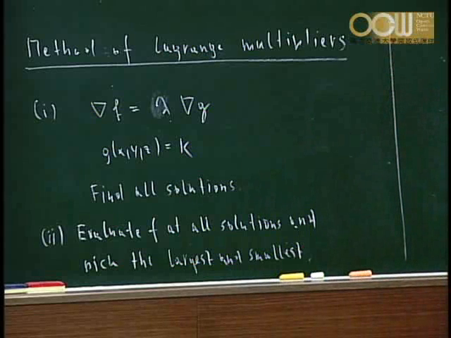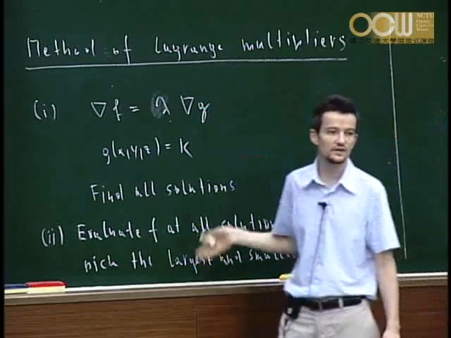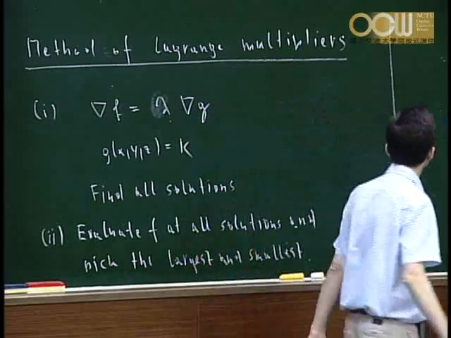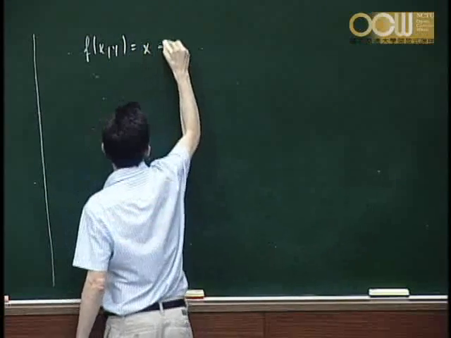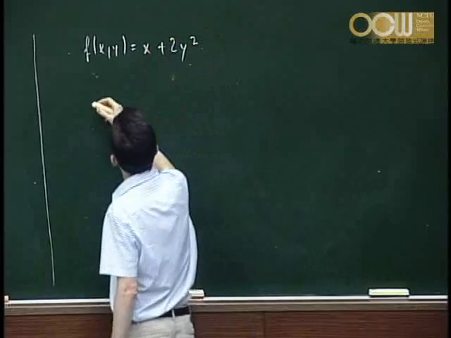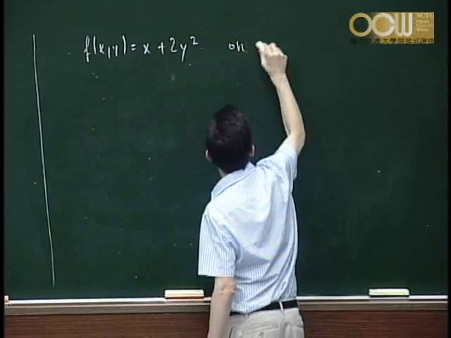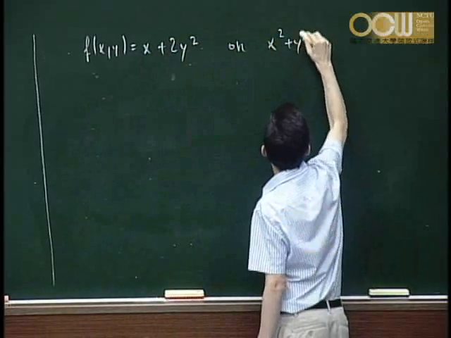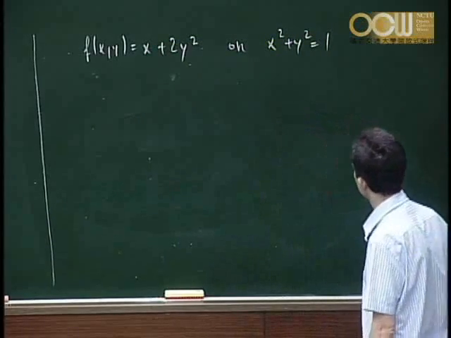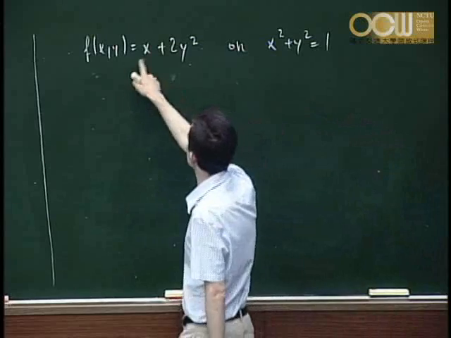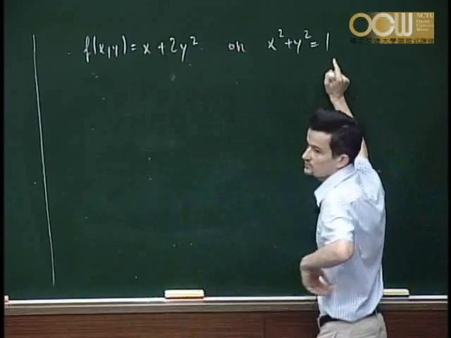Now maybe let's look at an example. Let's go back to the example I discussed before, just to see how this method works for this example. We had to solve this problem. We were looking at this function on the disk with radius 1.